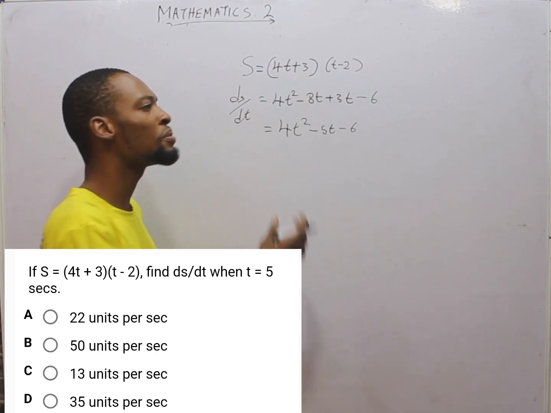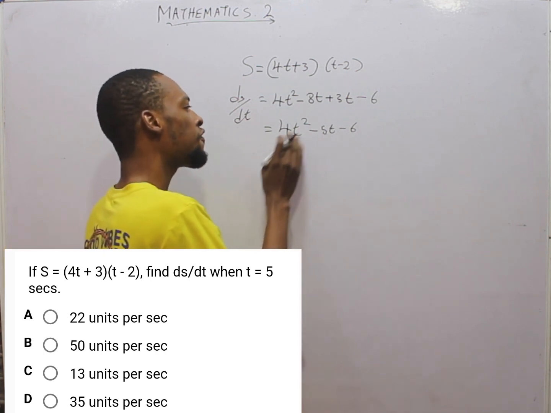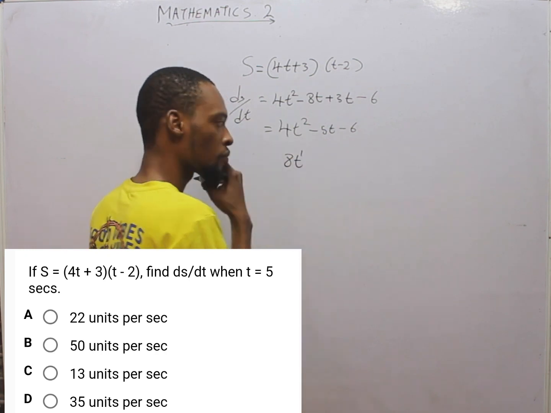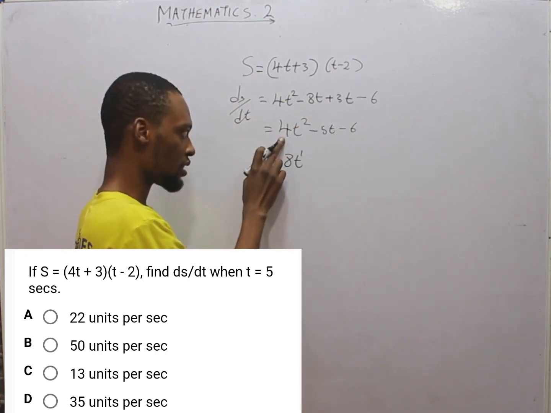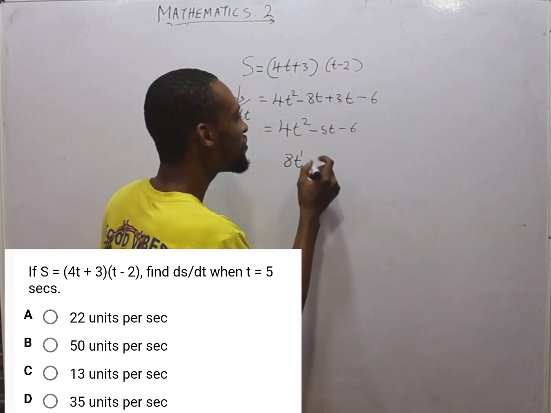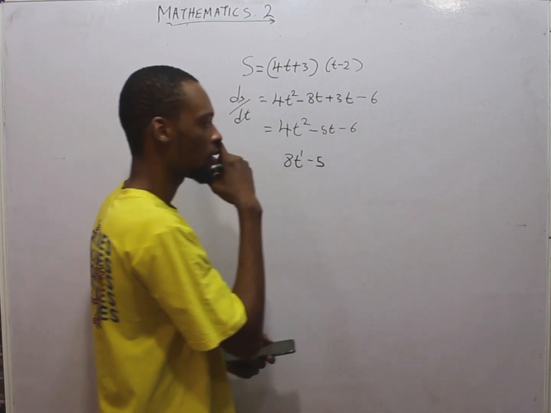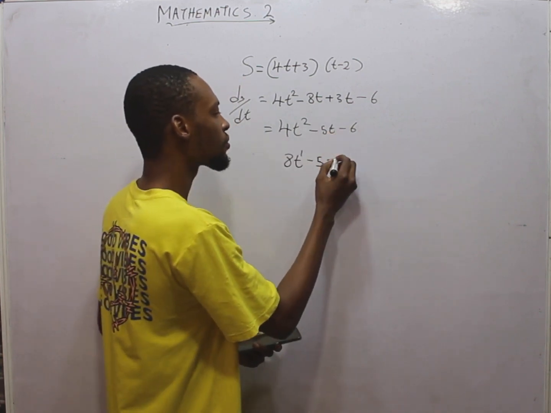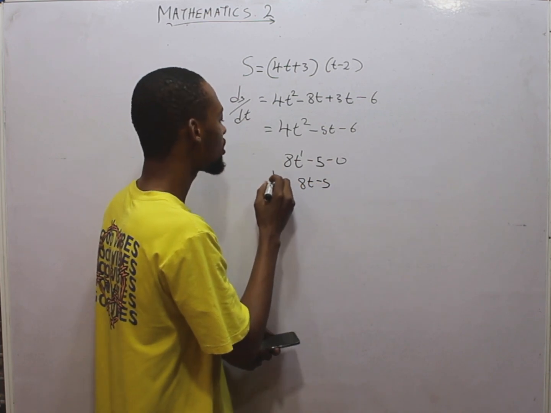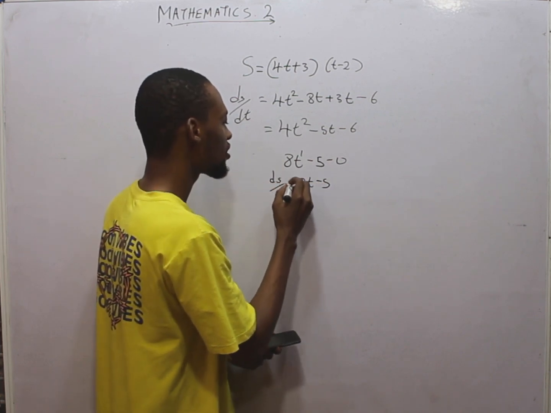So differentiating this will be so easy for us. When you differentiate 4t squared, you simply have 8t raised to the power of 1, because this times this, then you subtract 1 from the power. When you differentiate minus 5t, you have minus 5. When you differentiate this, you have 0. Therefore, 8t minus 5 is ds over dt.